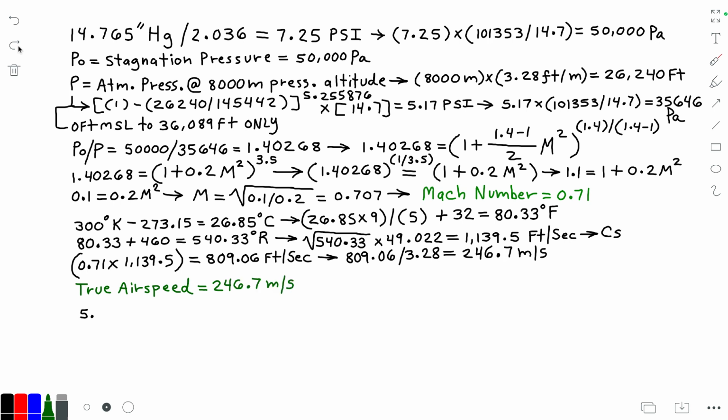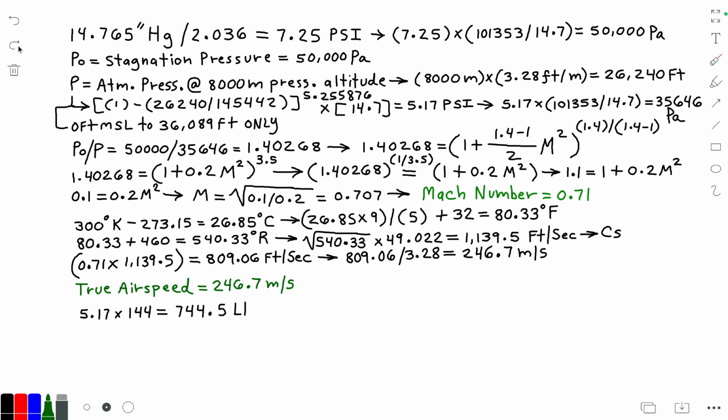We can then multiply that times the Mach number of 0.71, so we compute a true airspeed of 809.06 feet per second, which is then converted to meters per second, so it's 246.7 meters per second.